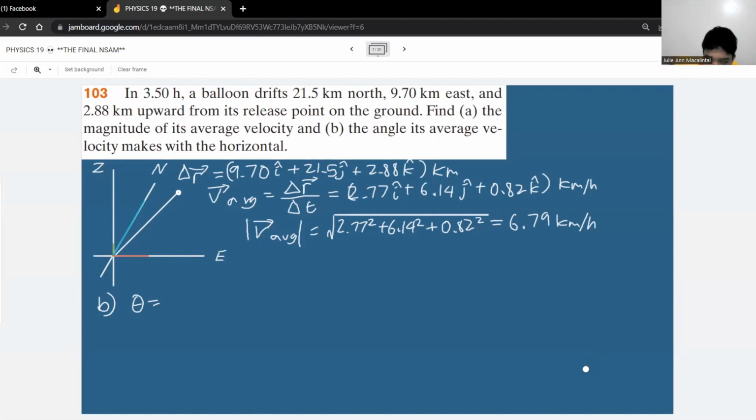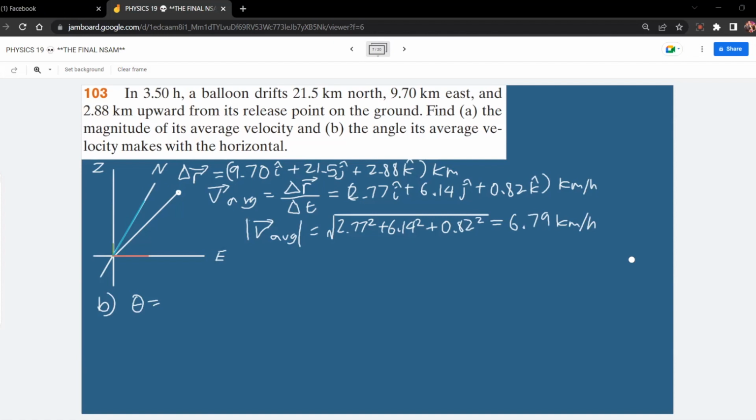So, kung gagawa ka ng triangle, gusto natin yung shortest distance from that vector to the plane. Naka-experience ka na ba mag-measure ng angles from the ground? Yung ano po, par survey.